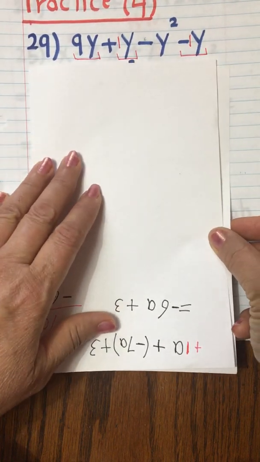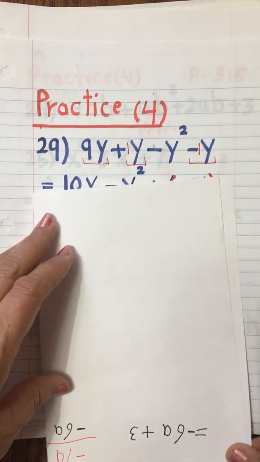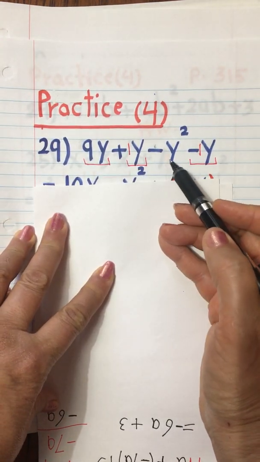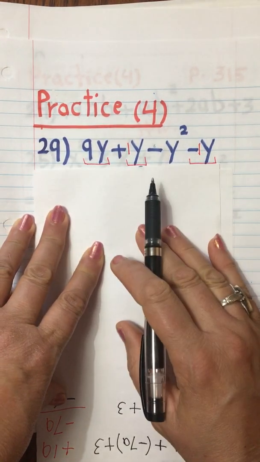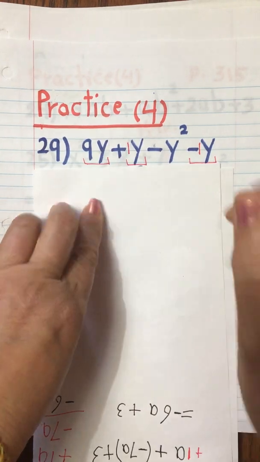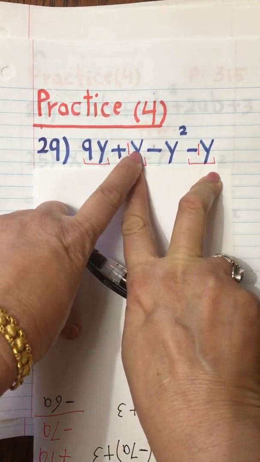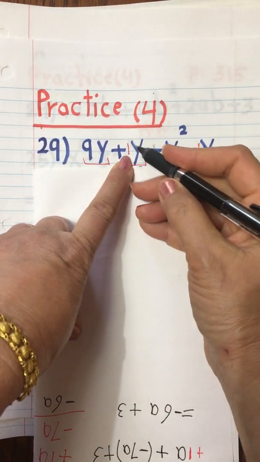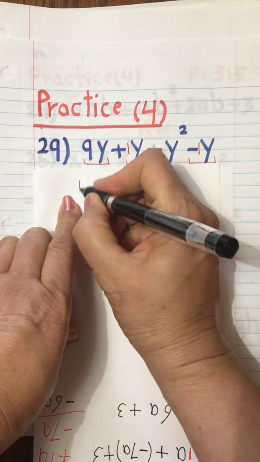So right here, I have 9y plus y minus y squared minus 1. So how many terms? 1, 2, 3, 4. These three terms are alike, guys. The first one, the second one, and the third one. So 9y, and I know y means 1y. 9y plus 1y gonna be 10y.